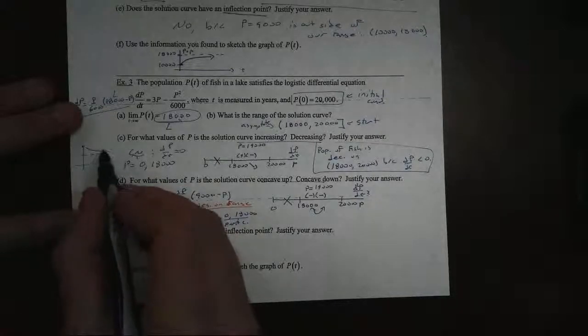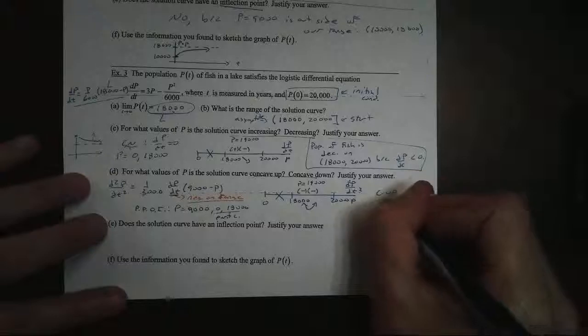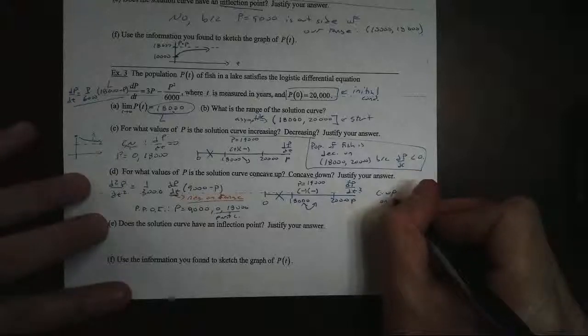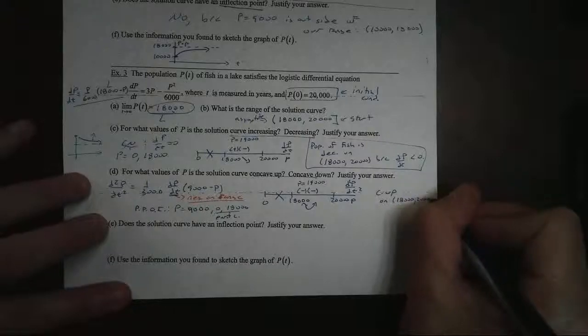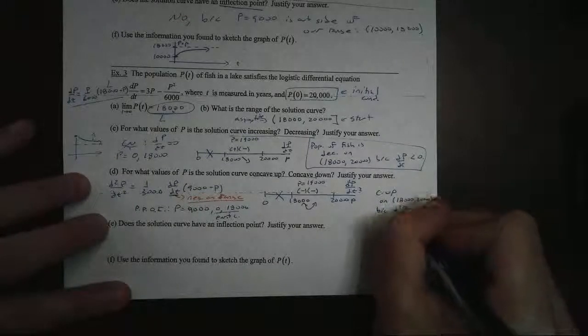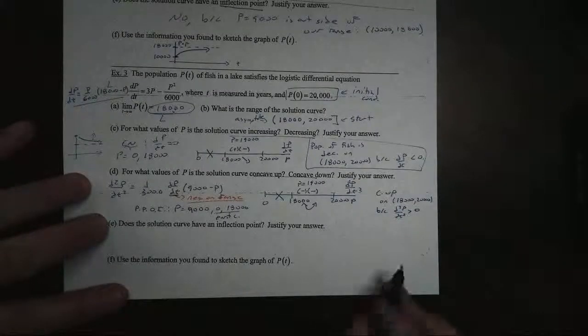The asymptote tells me it should be concave up in this situation. So it's going to be concave up on the domain 18,000 to 20,000, because the second derivative talks to me and said so. It was going to be positive.